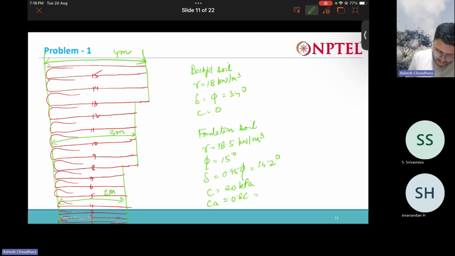This is the addition. Okay, so these are the things that we have in our hand.